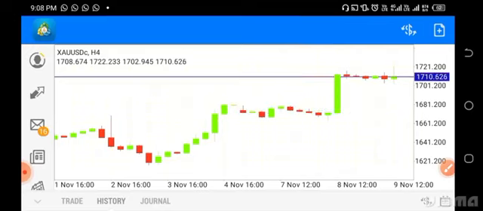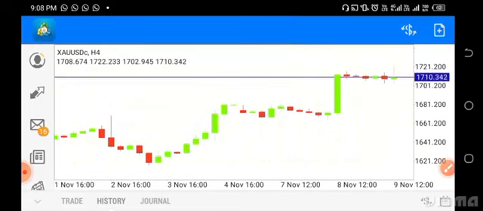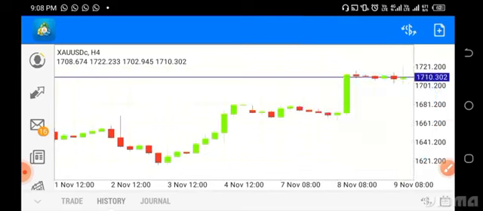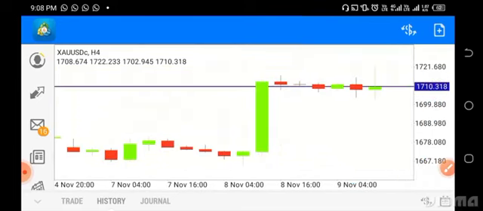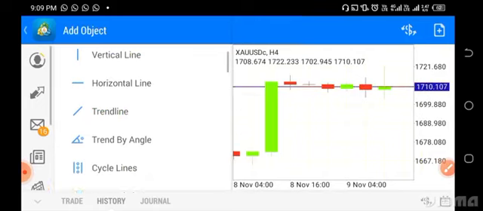Today in this video we discuss how we can do trades in the scalping way. First, this is a gold chart of 4 hours, and as an example I am taking random candles, or the trades we took today. First select the 4 hour chart, then go to your tools and select Fibonacci.